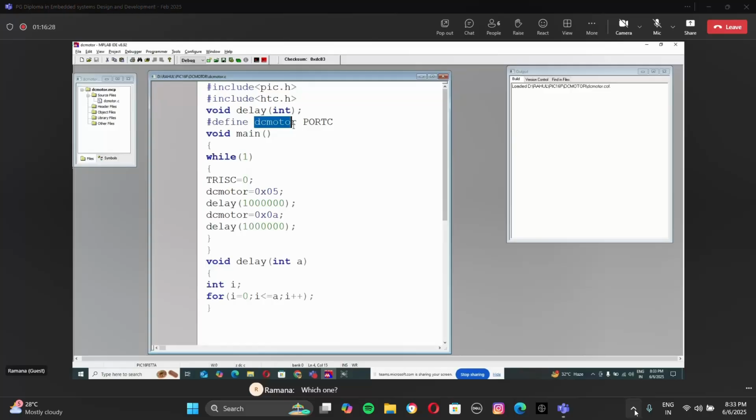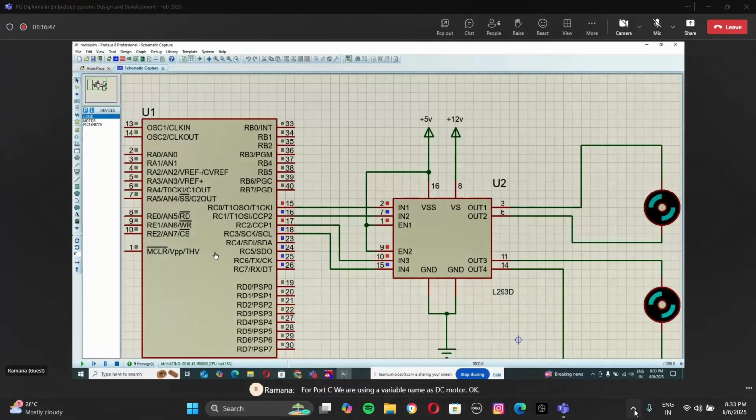Port C is connected to the DC motor. Not the DC motor itself, we're giving a variable name. For port C, we are using the variable name DC motor.